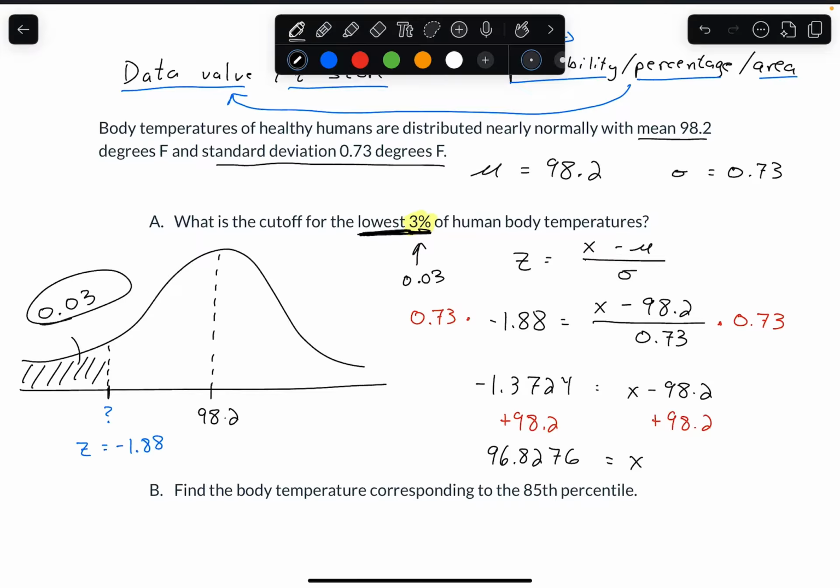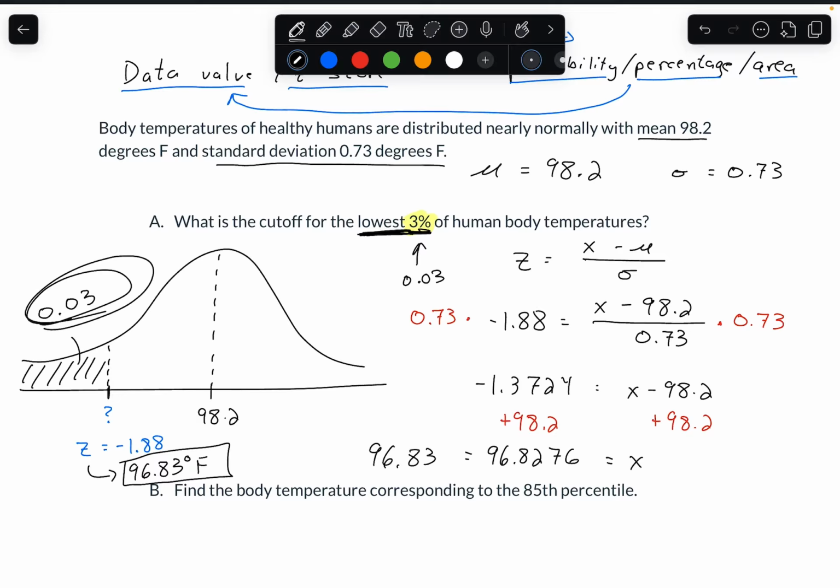Perhaps we'll round this to 2 decimal places and we'll say 96.83. So this z-score corresponds to 96.83 degrees Fahrenheit, and that would be my answer. That's the body temperature that separates the lowest 3% from the top 97%. That's what this problem is looking for.